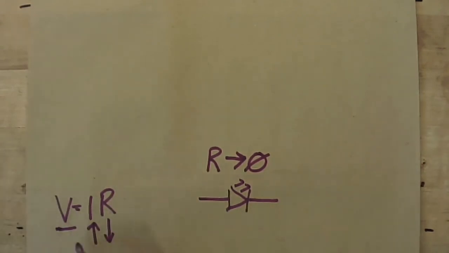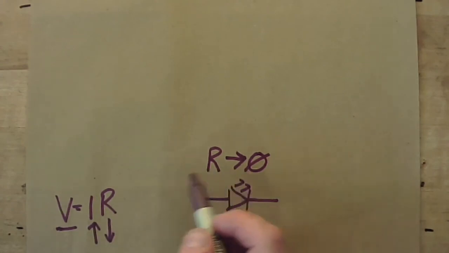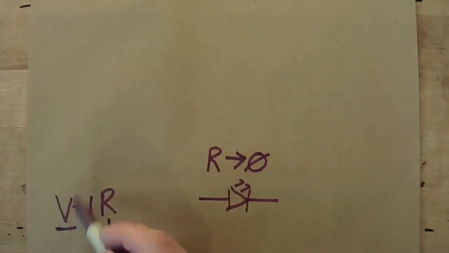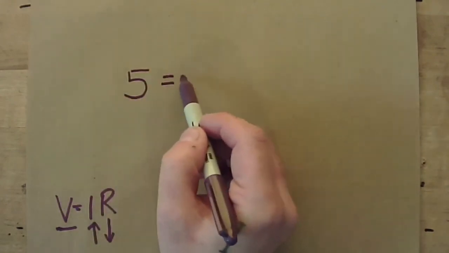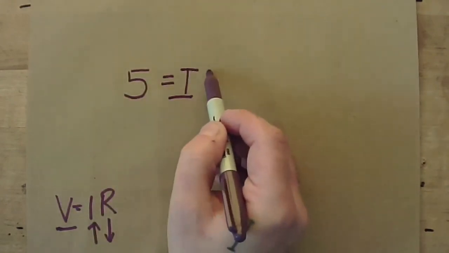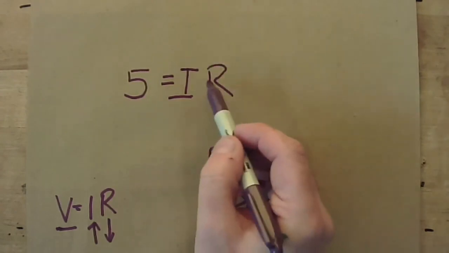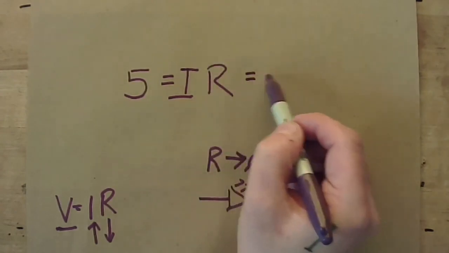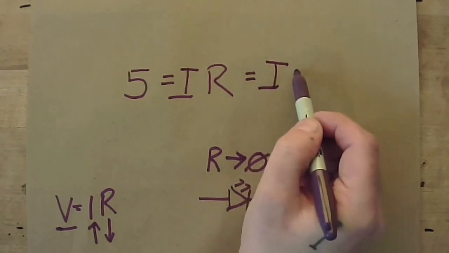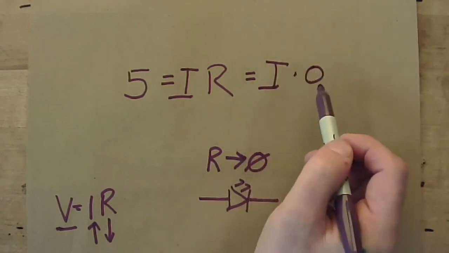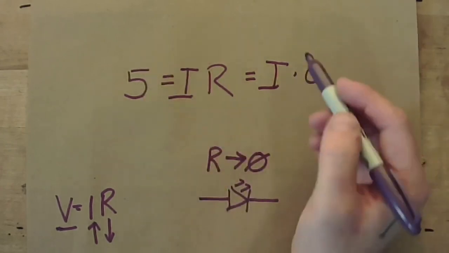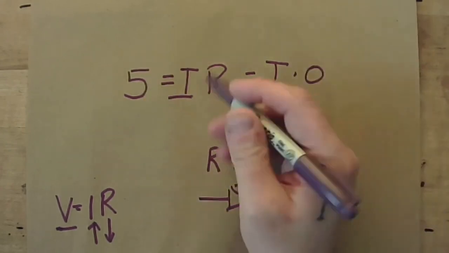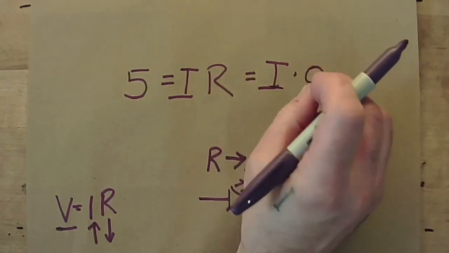And if we look at Ohm's law, if resistance is 0, let's plug some numbers in here. Let's say V is 5 volts equals IR. If resistance is 0, then it equals I times 0? Wait, we can't do that. Anything times 0 is 0. That's not going to work, which means it doesn't get to actually 0, but it's very close to 0.